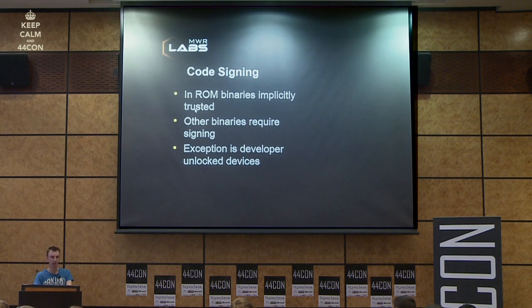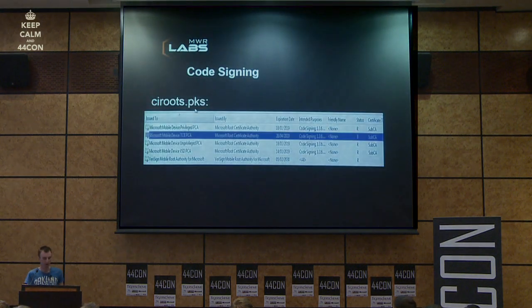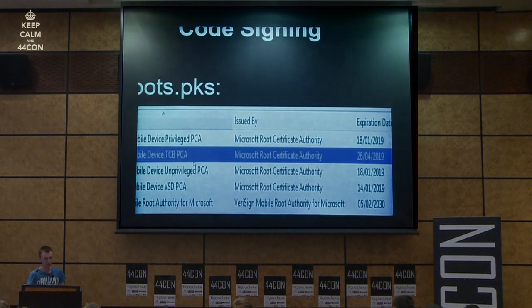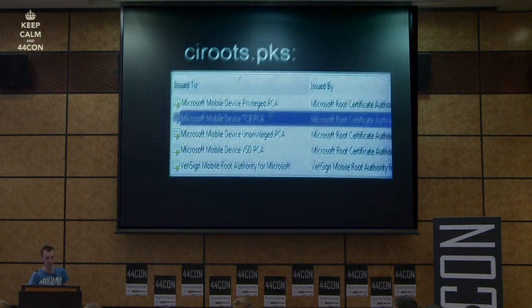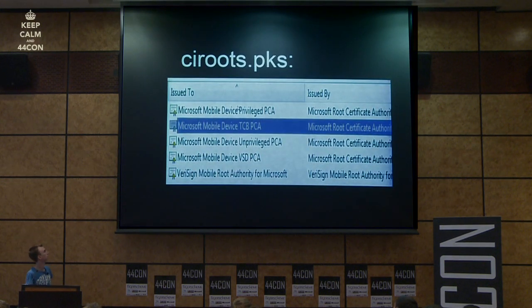There is one exception to this, which is developer unlocked devices. They need that for testing purposes, so you can test unsigned code on the device. So that's the exception. There's a code signing certificate store on the device, ci-roots.pks.